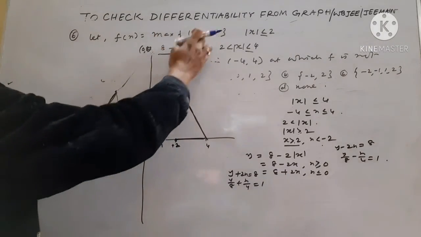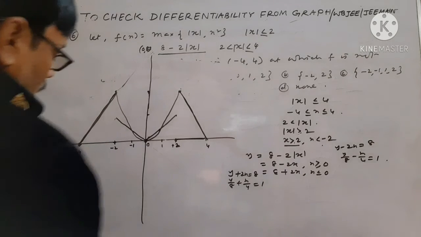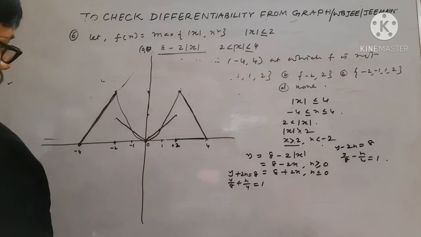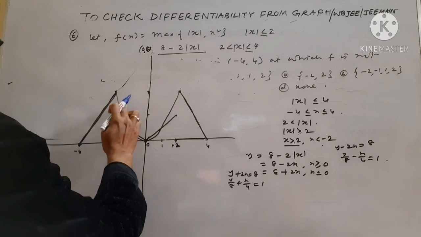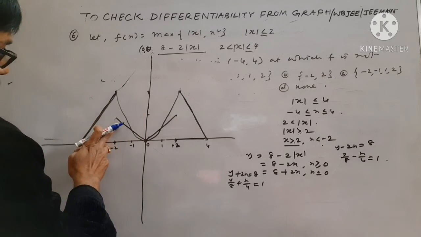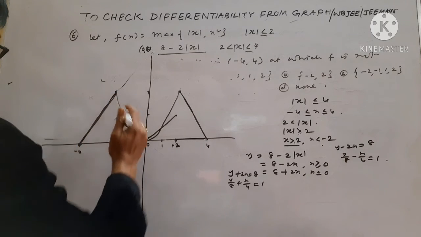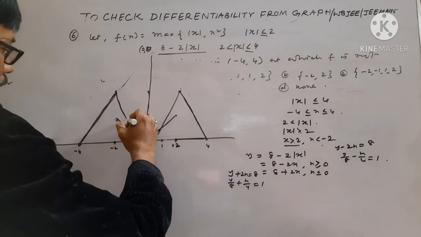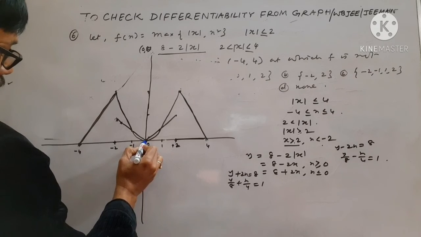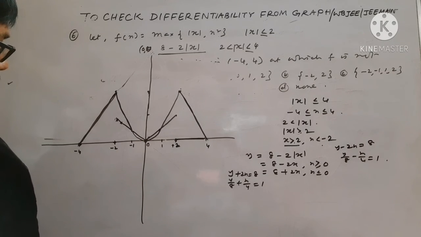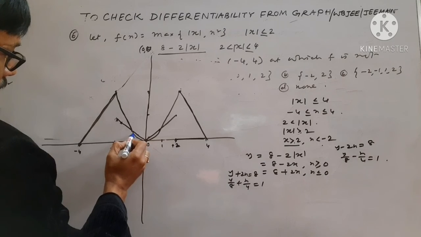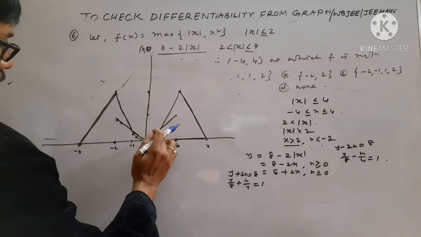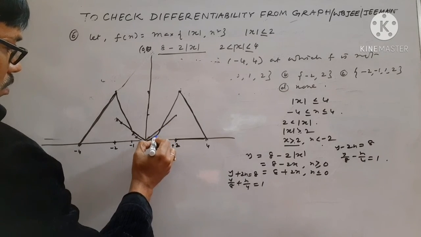And for the first one, we have to find the maximum. This is y equals x square, and this is y equals x. So this one is the maximum. This part is present, this part is not present. Actually the figure will be like this. This is y equals x, and this x square is not present.